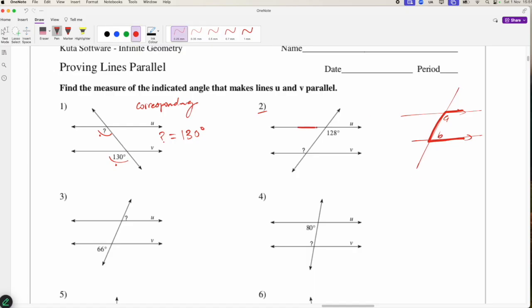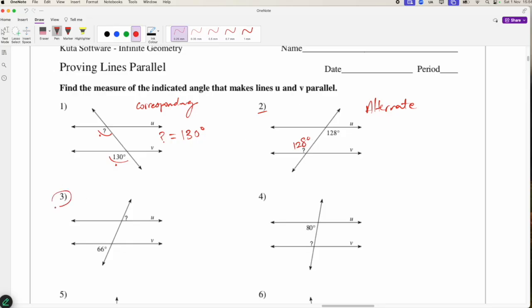If you notice the Z here, usually the inside is what you think of as alternate, but the outside of the Z is also alternate. So look out for the Z, inside and outside. These are alternate angles, and alternate angles are equal, so this is also 128 degrees.